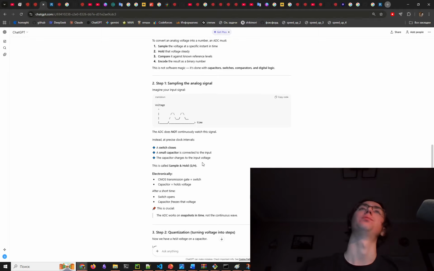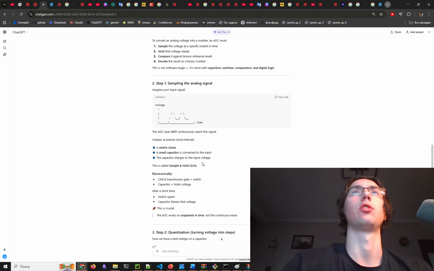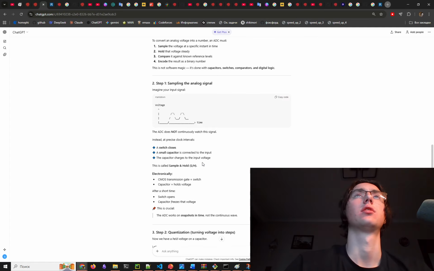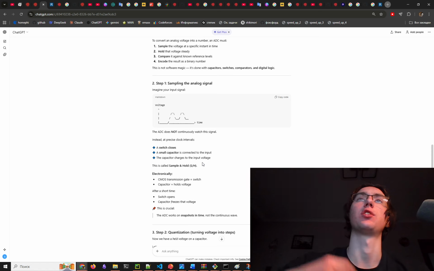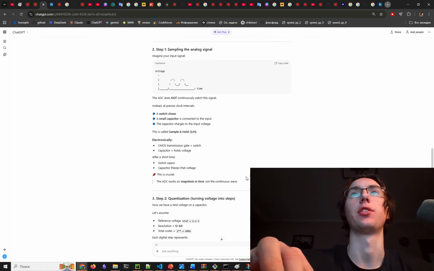Okay, so this is called sample and hold. Electronically, a CMOS transmission gate is the switch and the capacitor holds the voltage. After a short time, the switch opens and the capacitor freezes that voltage. This is crucial: the ADC works on snapshots in time, not the continuous wave.